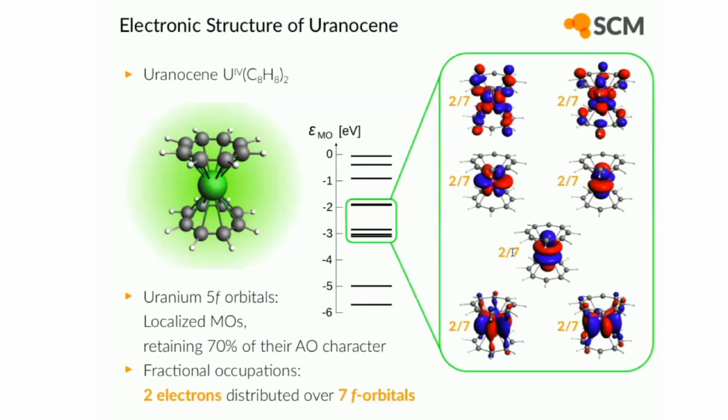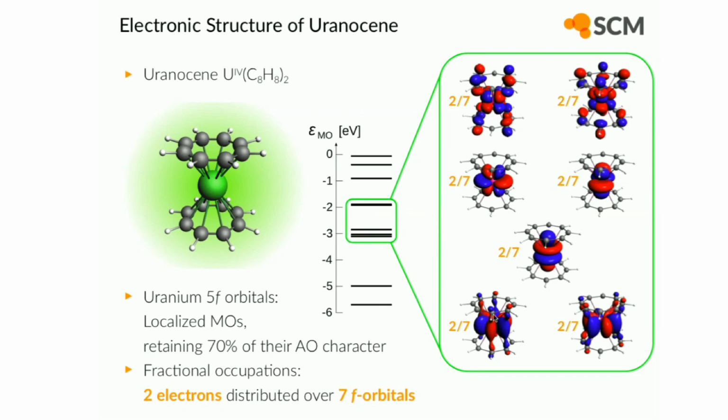So I take here as example uranocene. So uranocene, as I said before, is an uranium compound which is surrounded by two ligands. So the ligands are this C8H8 2-, and the uranium has formally a charge of +4. When you do a DFT calculation of uranocene, then you end up with this IMO diagram, where you can realize that some of these IMOs have merely atomic character.